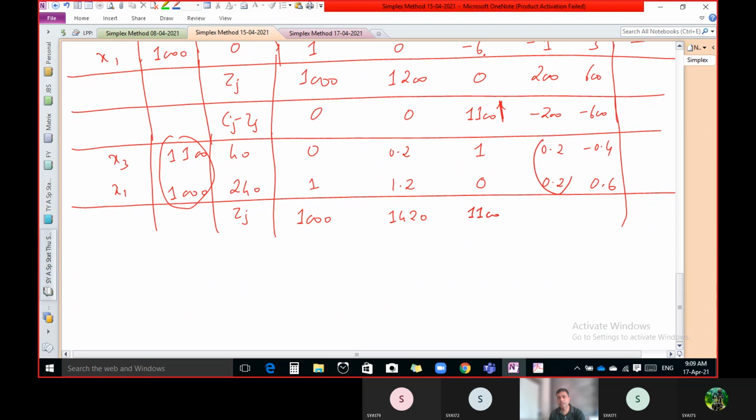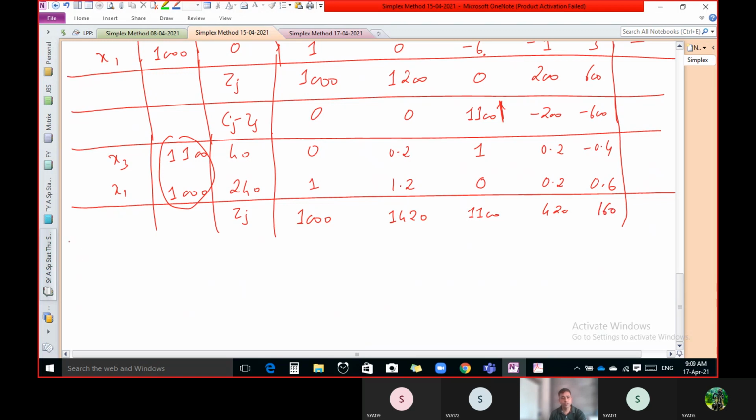Now this one. 1100 into 0.2, that is 220, and 1000 into 0.2, that is 200. Total of that is 420. Okay, now this: 1100 into minus 0.4, that is minus 440, and 1000 into 0.6, that is 600, and the total of that is 160, 600 minus 440, that is 160.